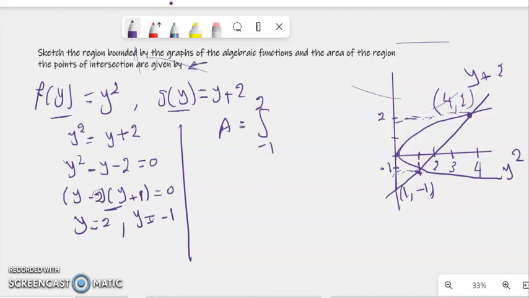So the big area minus this area here. That will give me the area of the region between the 2 functions.